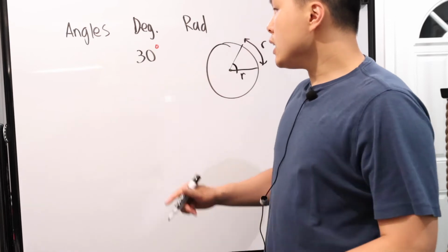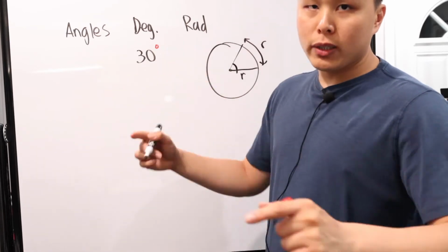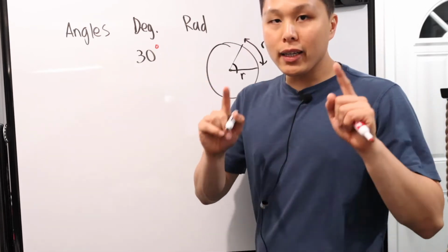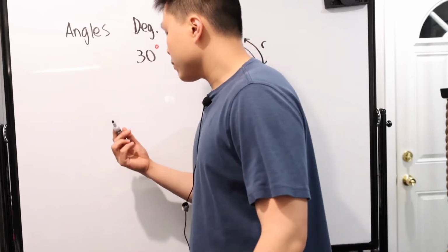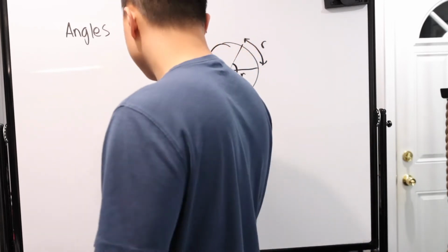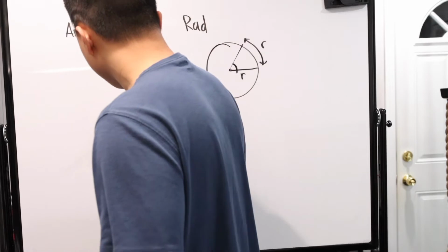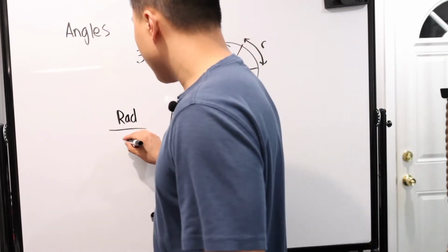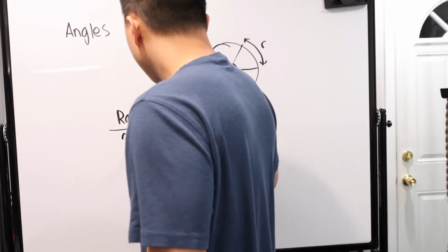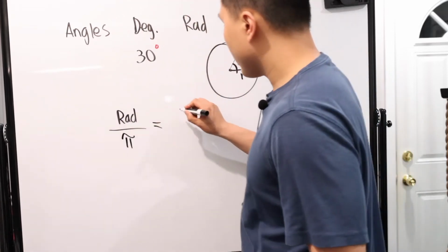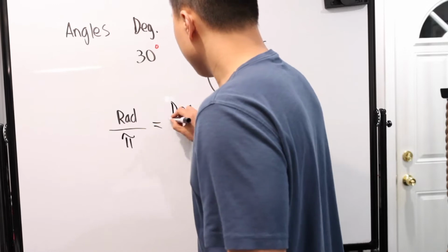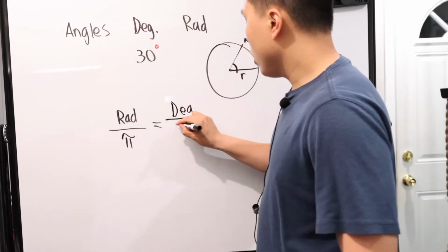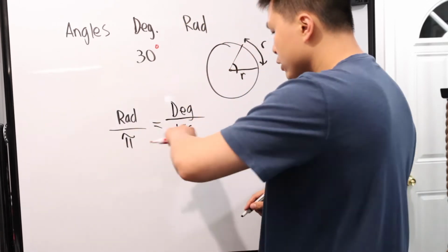So the key is to be able to convert between degrees and radians. Now, my hint, or my trick, is to always remember that when you have your radian, think of it as always in relation to pi. And when you have your degree, whatever that number is, think of it as always in relation to 180. Pi is related to 180.